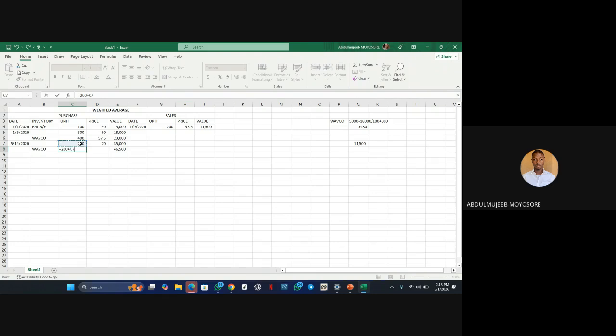We bought 500 units at 17 naira. So now for us to get our WAFCO, it will be 700 units and 46,500, divided by the number of units.